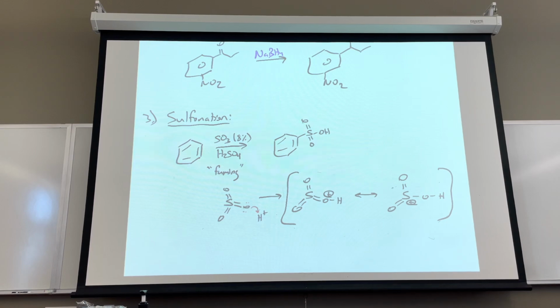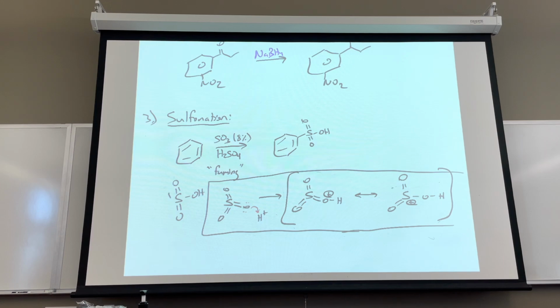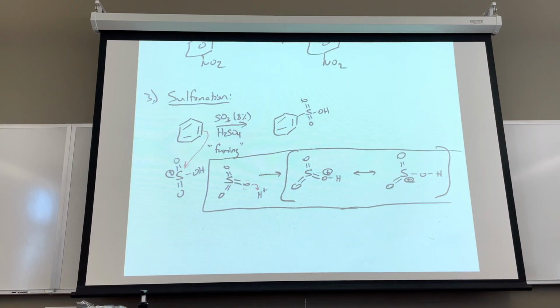So you've got an electropositive sulfur. And that is what the pi electrons are going to attack. And again, all that does is it makes that sigma complex.